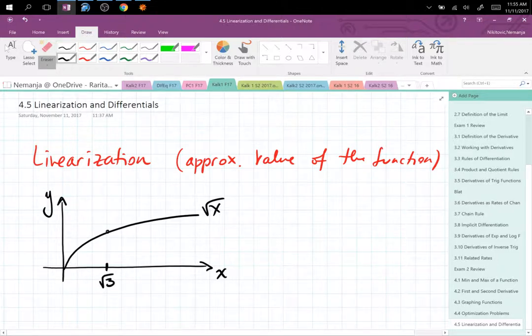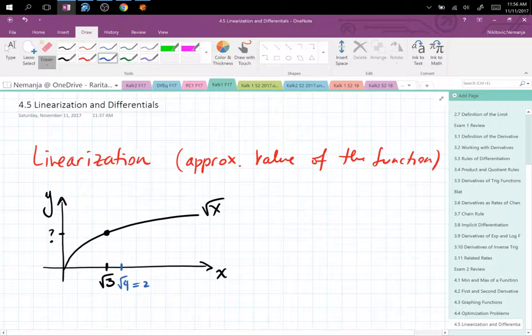Now, square root of 3 is this y value here, and without a calculator, not really clear what it is. But then you realize that next to square root of 3, there is a nice number called square root of 4, which is equal to 2, right?